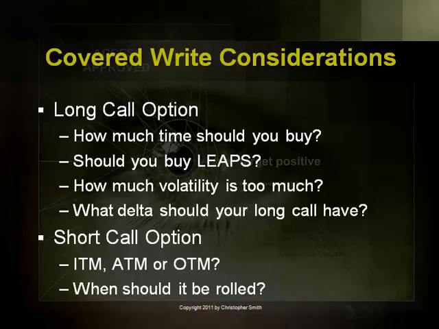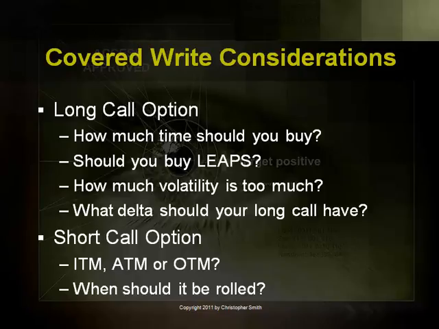Now, in the example, we used a July option, I think, traded into May. You're not always going to want to do that, especially if the market has pulled back in value, because your deep in the money option may not be that deep in the money.